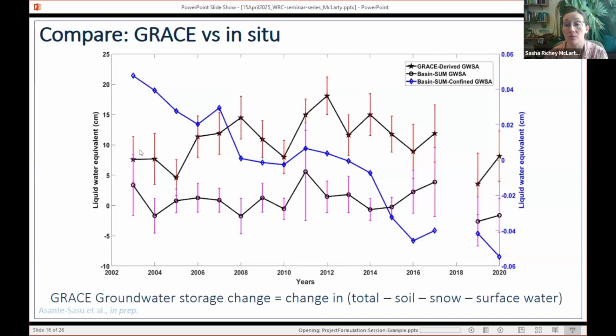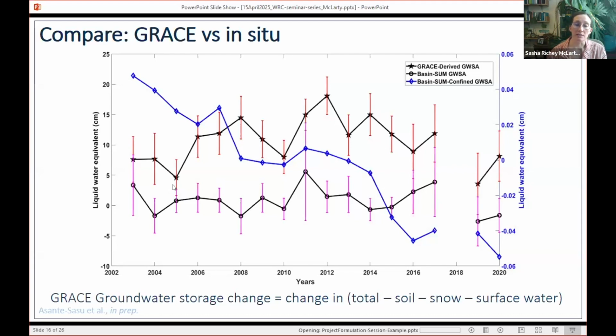We're working on the annual time step now, so we can more appropriately compare to observations. And then on the bottom here with the circles and the pink confidence intervals, these are the 95% confidence intervals, we have the sum of all the groundwater layers. So the overburden, that unconfined layer, and the confined layers.